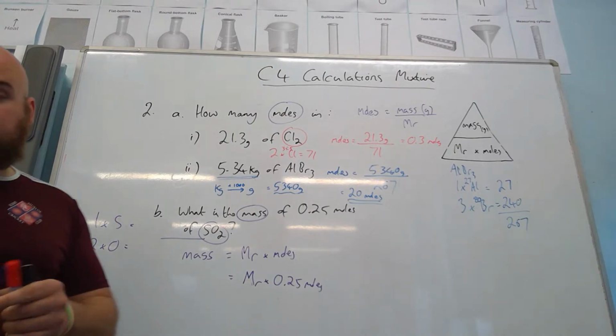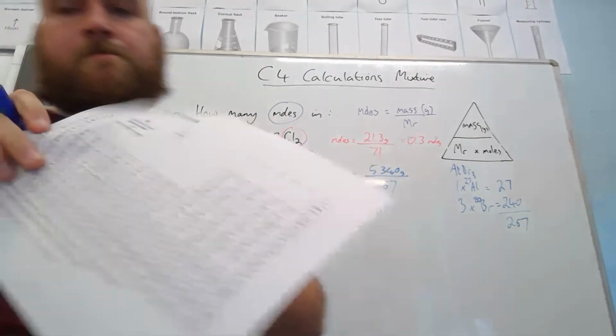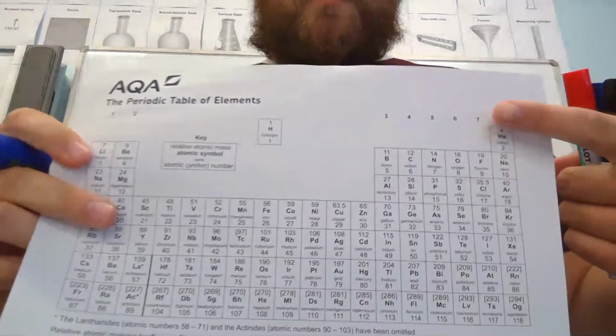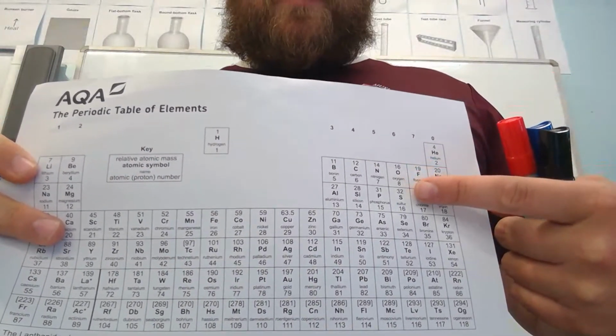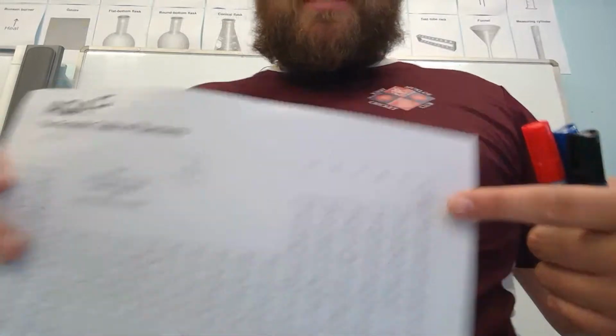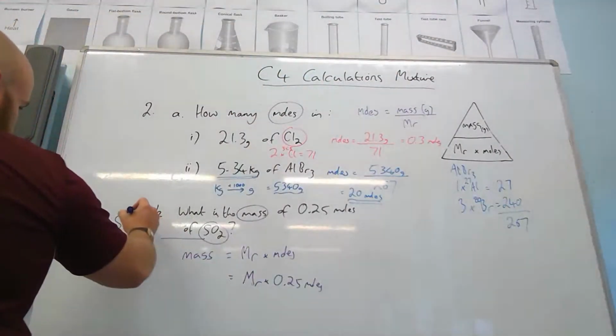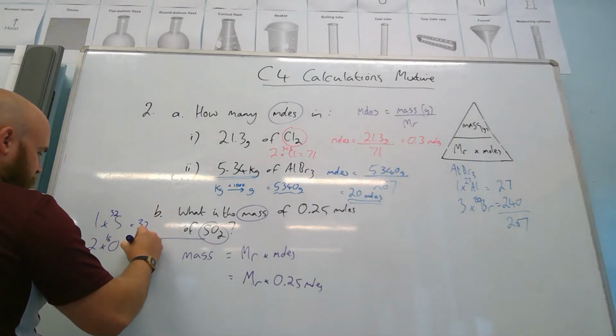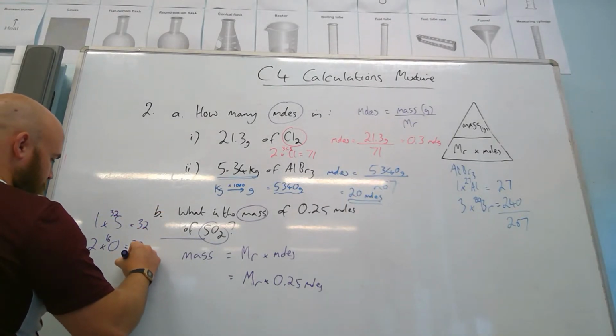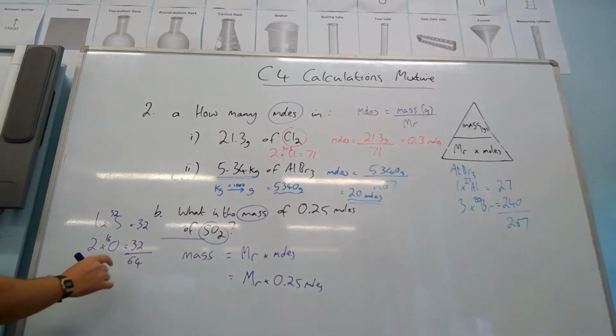So again, I'm going to go to the periodic table. Sulfur and oxygen should be both in group 6 somewhere. So oxygen has a mass of 16, sulfur has a mass of 32. So the MR is actually 64.